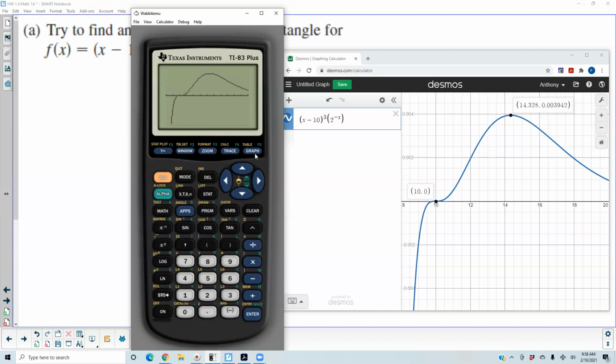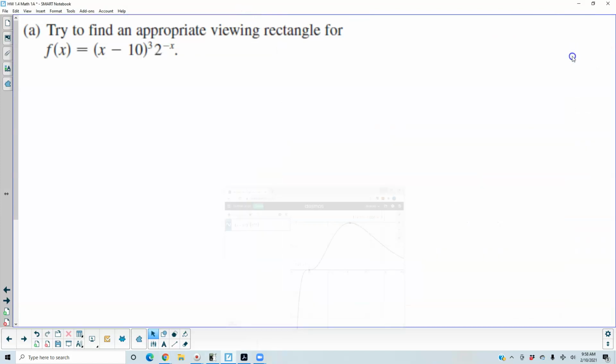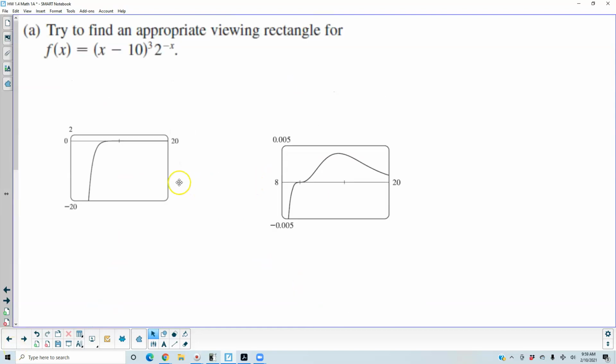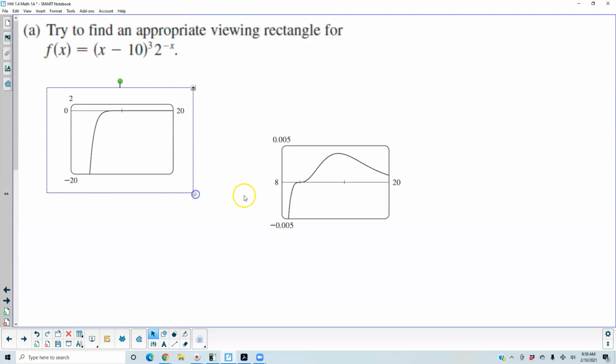So there's two different pictures here. The first one we saw when we had the first viewing rectangle, and then this is the second viewing rectangle. So let's go ahead and talk about that. Let's take a look at these two viewing pictures here.